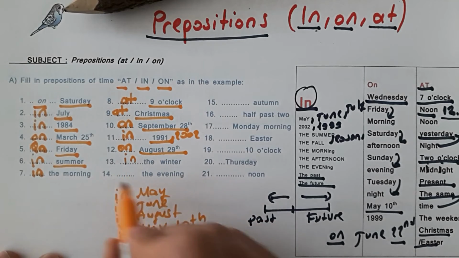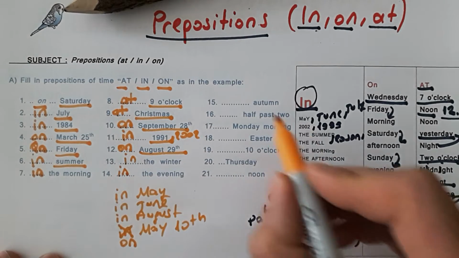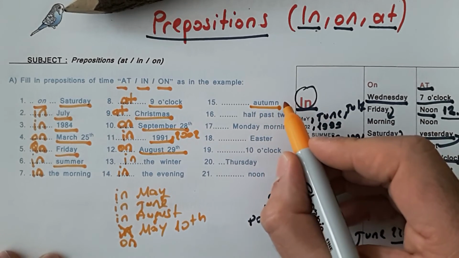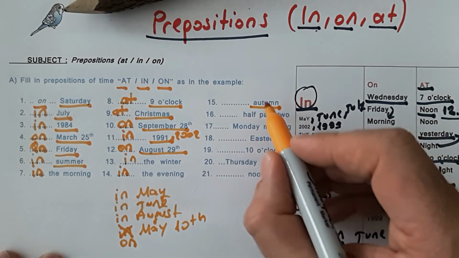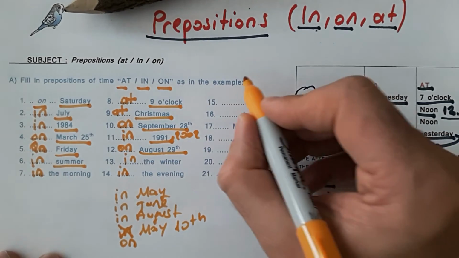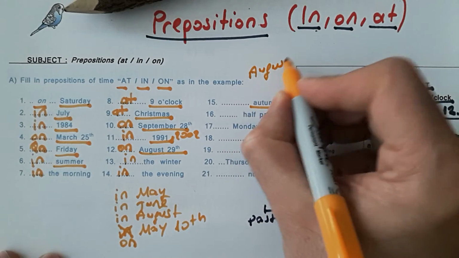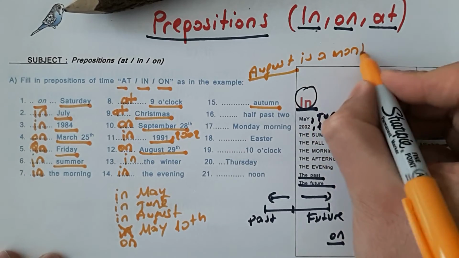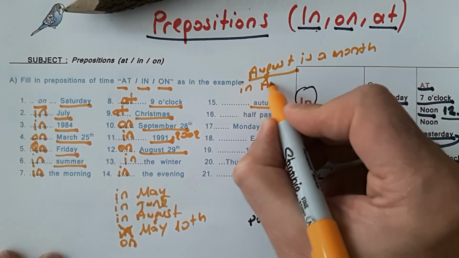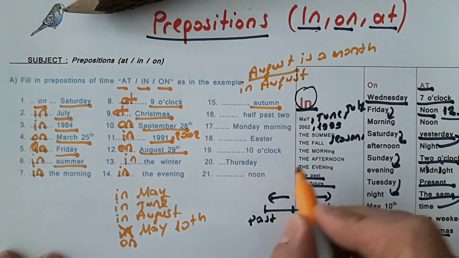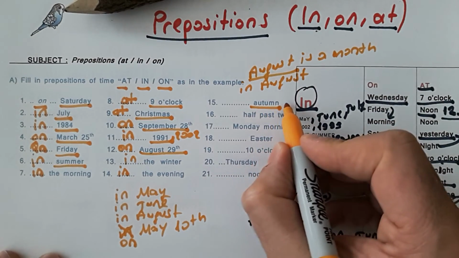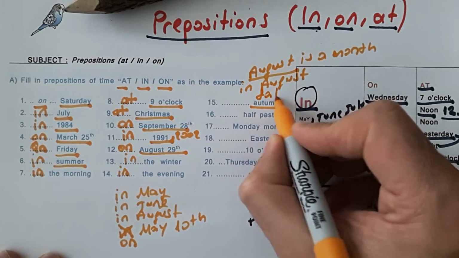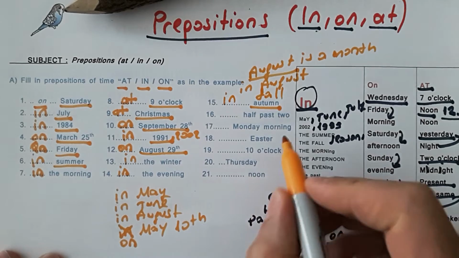In the winter, in the evening. This is generally a mistake people learning a second language make, mixing autumn and August. August is a month, so in August. Autumn is a season, it is like fall. In autumn.